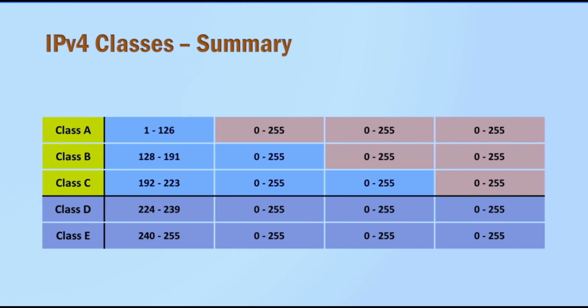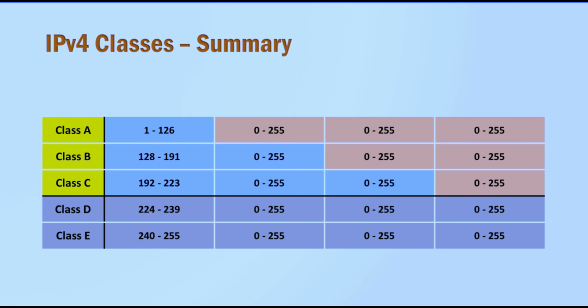Class A addresses, or rather the first octet of Class A addresses, ranges from 1 to 126. Then we skip 127, which is reserved for loopback, and Class B starts at 128 and ends at 191. Class C begins at 192 and ends at 223.